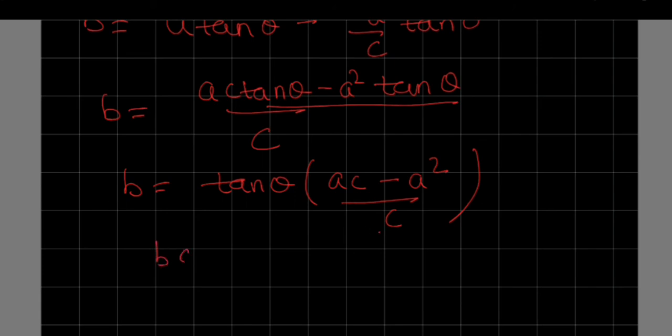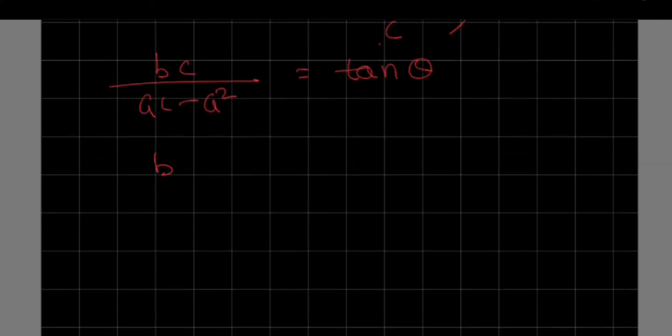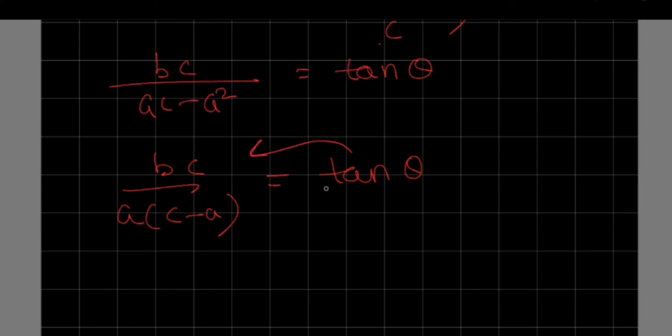So take this here, bc in the denominator, tan theta. You can take a also common, c minus a, and if you take tan there, it will go in inverse form, right? tan inverse bc by a c minus a.